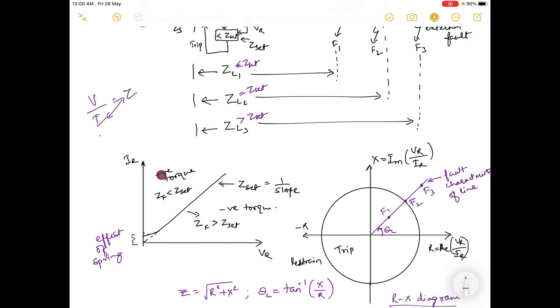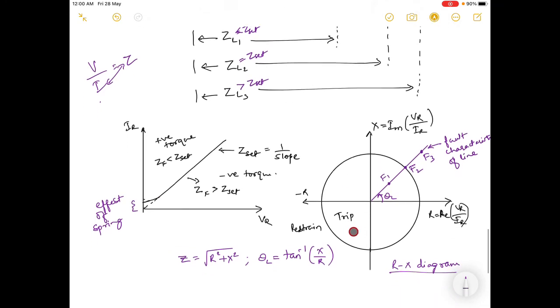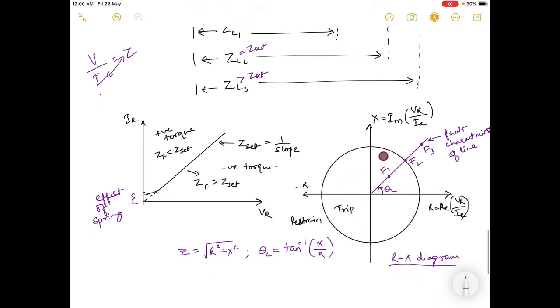If current is high, therefore Z is less. Here current is less, which means impedance is more. If impedance is more than the set value, there is a negative torque, so there is no tripping here, there is tripping here. But this is a bit confusing to understand, that's why we have something called the RX diagram.